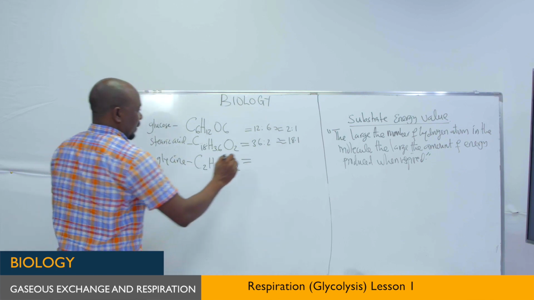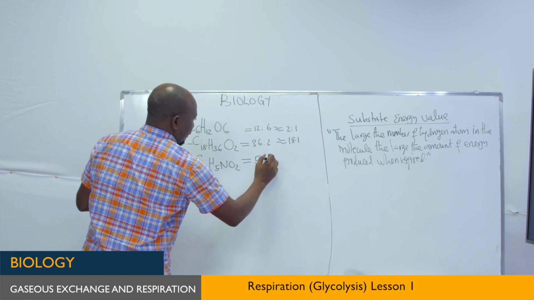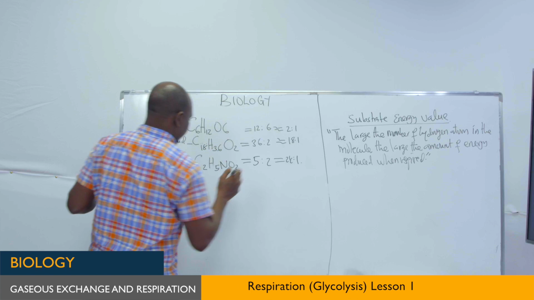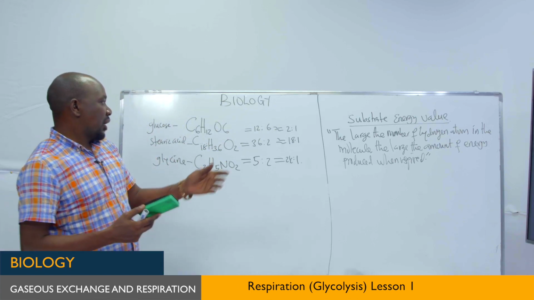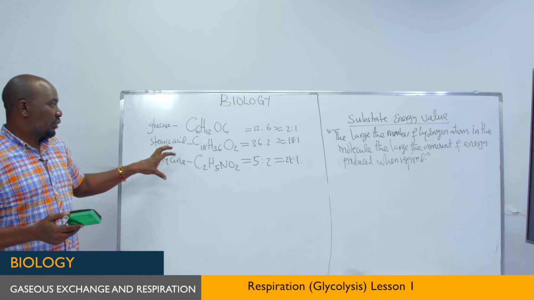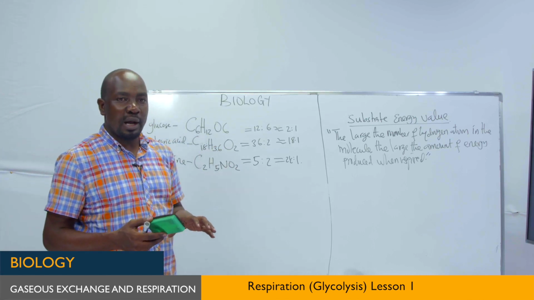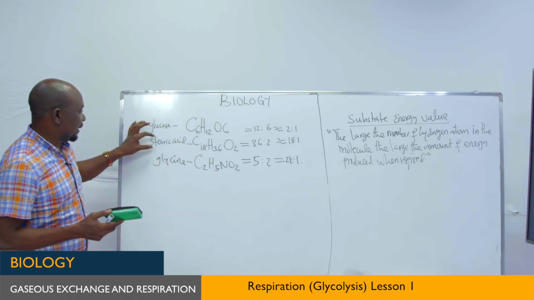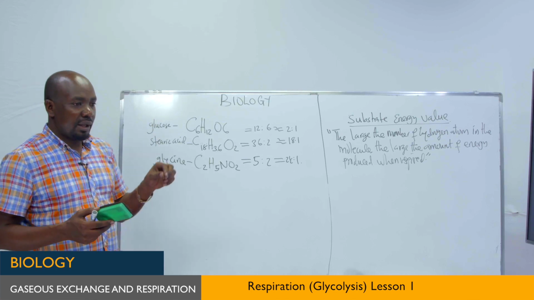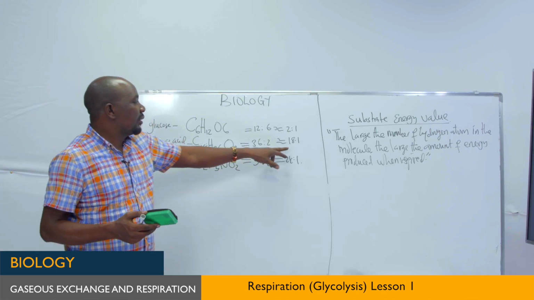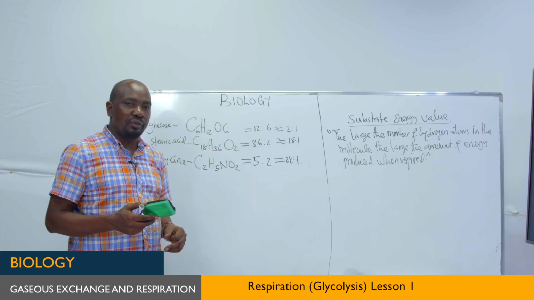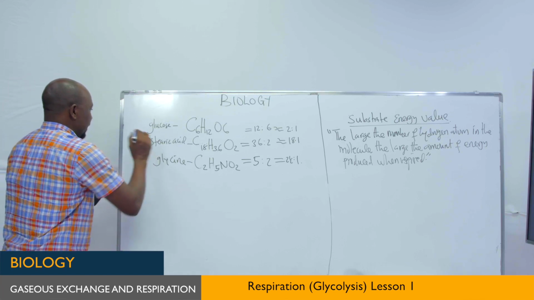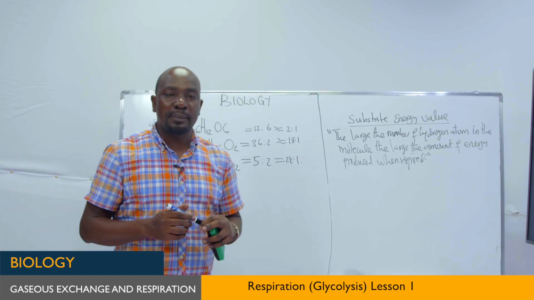Here we have 5 hydrogen, a ratio of 2:1. Dear student, now you can see which molecule contains a large amount of hydrogen compared to oxygen. Obviously, the stearic acid, which represents a lipid, contains a very large amount of hydrogen compared to the rest. That is why when lipid is respired, it produces a large amount of energy.